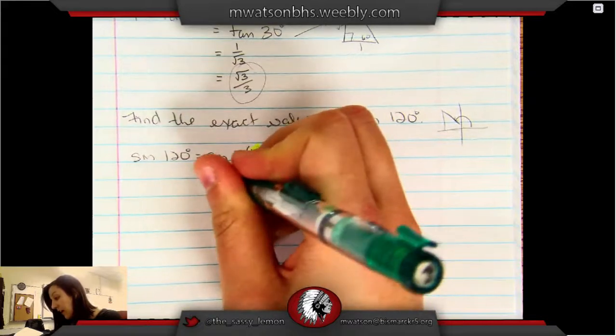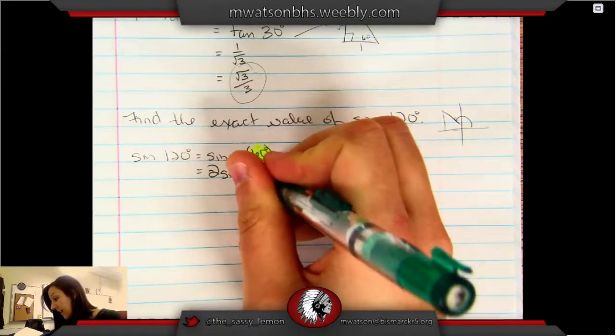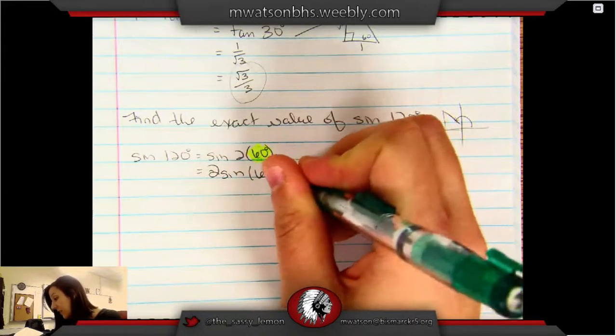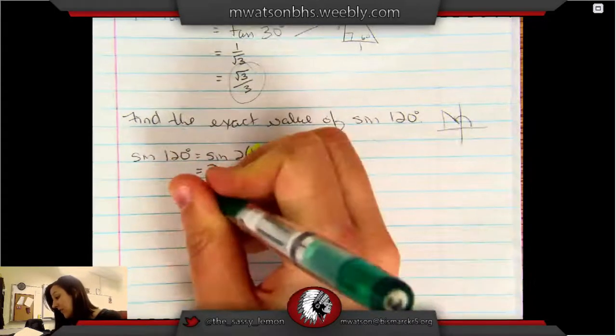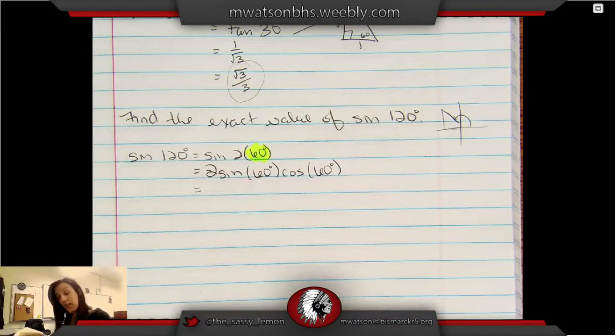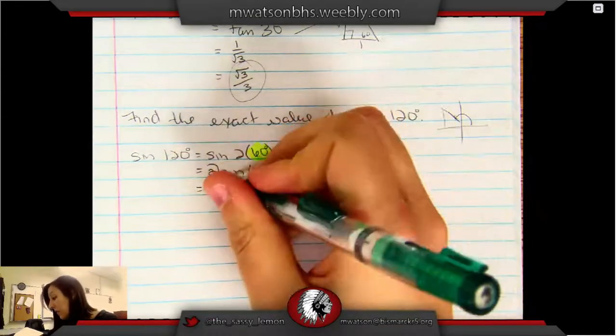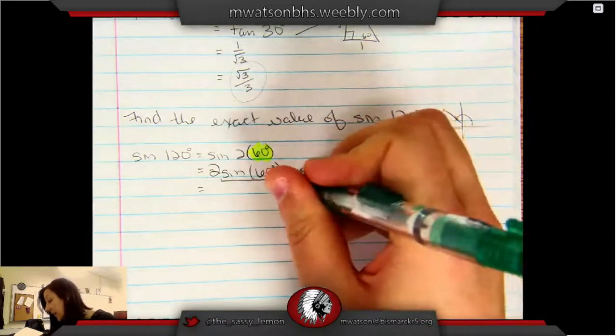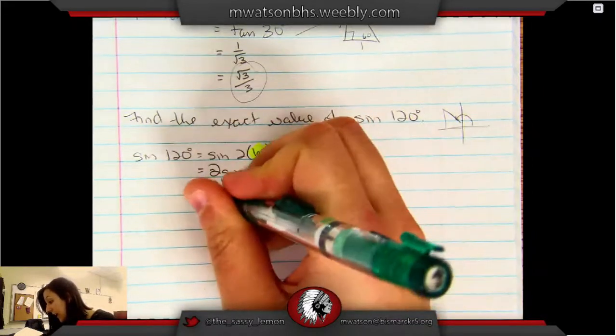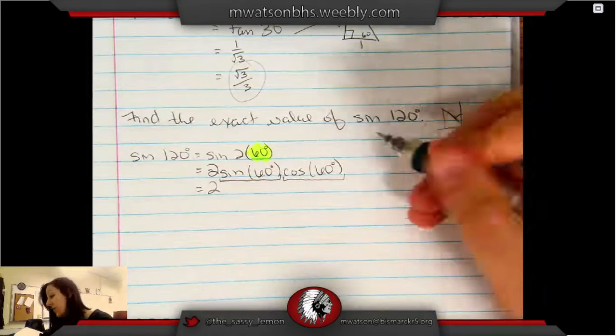So now we can look over at that formula and rewrite the formula with theta plugged in. So we've got 2 times sine of 60 degrees times cosine of 60 degrees. And now we can solve this, because remember, once you have an angle in here, sine of 60 degrees is actually a number, and so is cosine of 60. And they're both things we can find using our special triangle.